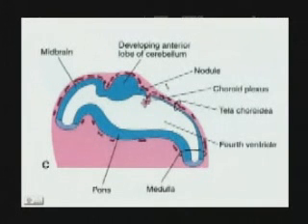So, as we said, the cerebellum is derived from the lateral expansions of the alar plates, and that mostly coordinates or is involved in highly coordinated automatic activities.